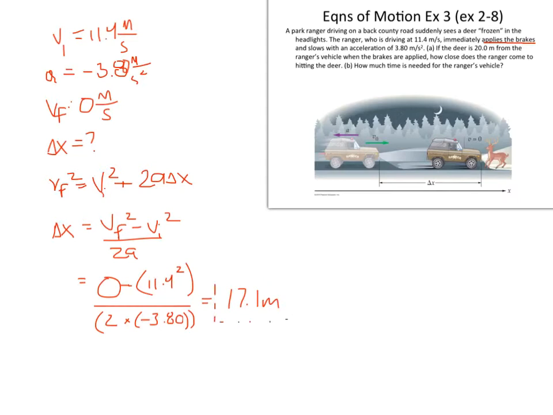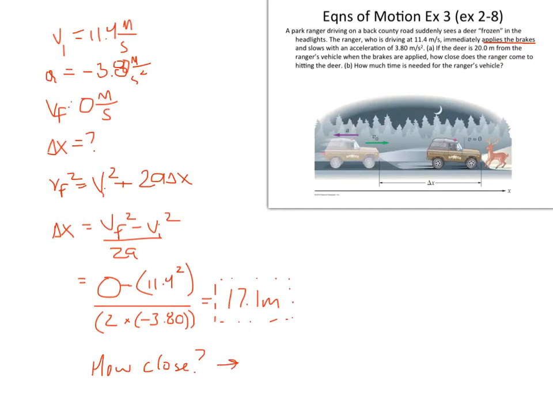So I'm going to dotted line box that, and I usually dotted line box things when we get an answer that is important for helping us find the final answer, but it's not the actual final answer itself. So this part is actually going to be pretty easy. If it was originally 20 meters from the Ranger's vehicle, and he actually goes 17.1 meters, what is the actual distance? We might say, how close to the deer?